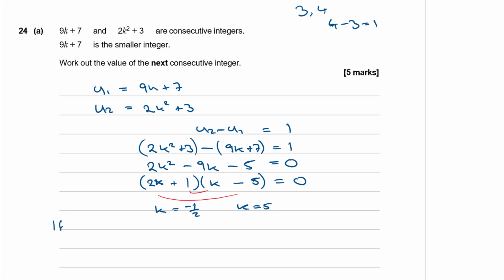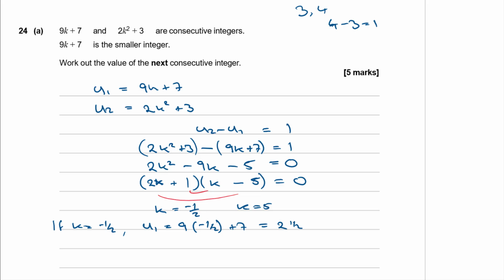So let's say if k equals minus a half, then u1, the first term I was being given, is going to be 9 lots of minus a half plus 7. So 9 lots of minus a half, that is minus 4.5 plus 7 is going to be 2.5 then, isn't it? That's going to be 2.5.